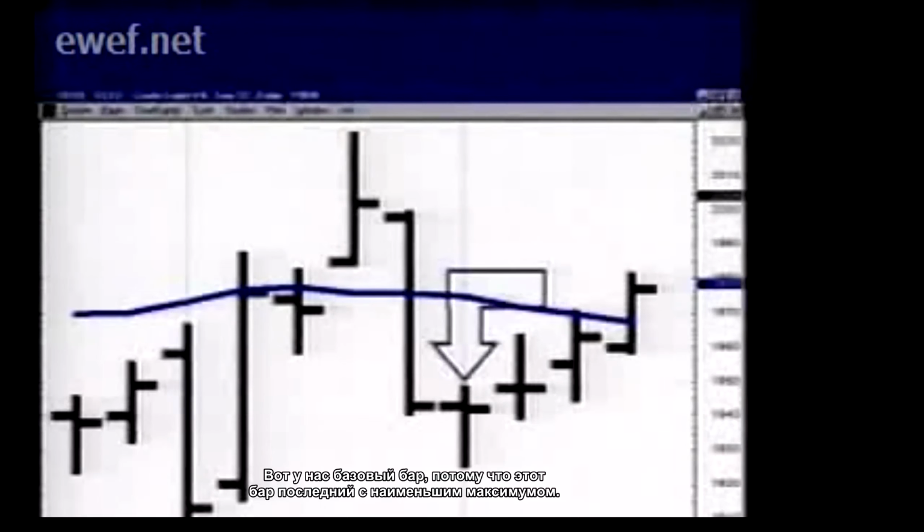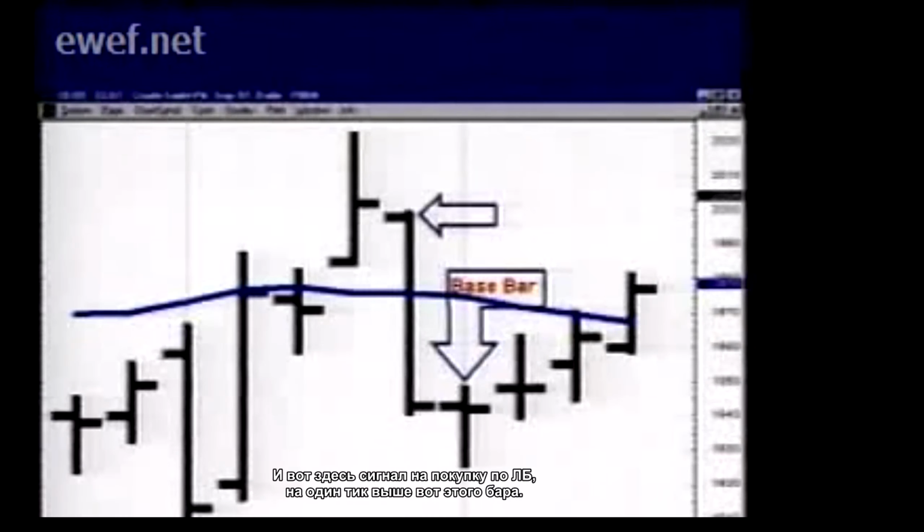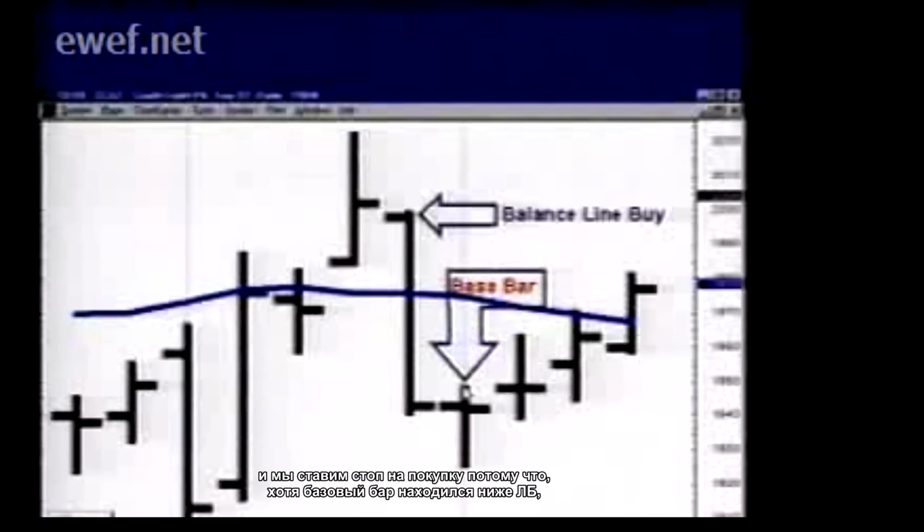Here we have a base bar, because that bar is the most recent lowest high. And here we have the balance line buy signal, which would be one tick above that bar. And the reason it's that bar is because the base bar, although the base bar is below the balance line, the signal bar, when it's hit, would be above the balance line.